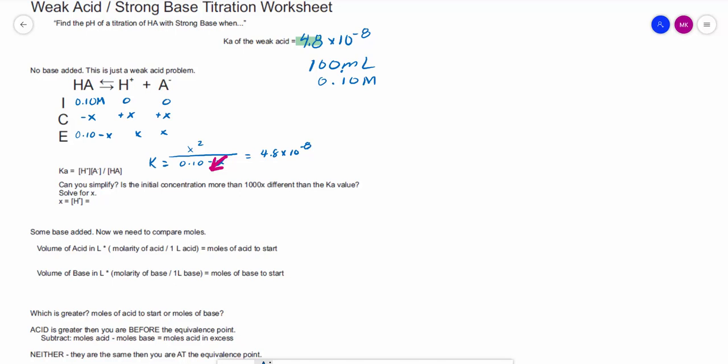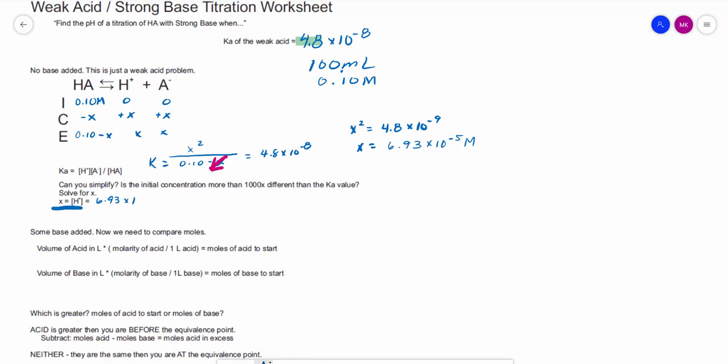So I multiply both sides by 0.1, and then we have x squared equals 4.8 times 10 to the negative 9. I take the square root of that, and I get an x value of 6.9, I would round that to 6.93 times 10 to the negative 5. Now the unit is capital M molarity, and this x is equal to the concentration of the hydrogen ion.